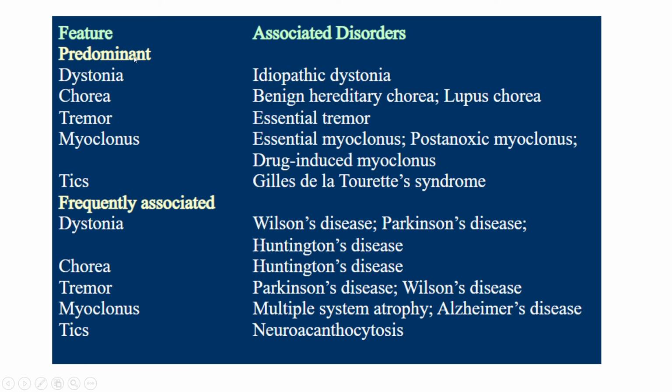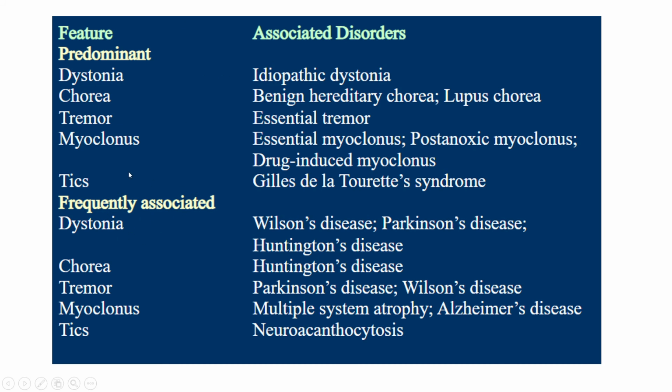So these are some disorders and their associated movement disorders. For example, dystonia is prominent in idiopathic dystonia. Chorea would be dominant in Huntington's disease and benign hereditary chorea. Tremor would be dominant in essential tremor; it presents as an isolated tremor syndrome. Myoclonus would be dominant in essential myoclonus, post-anoxic myoclonus, and drug-induced myoclonus. Tics are prominent in Tourette syndrome.